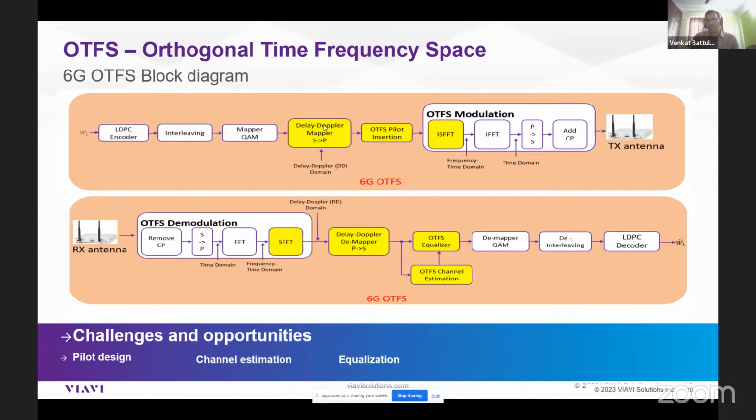Then you can see that whatever your traditional OFDM frequency-time domain is, here it is actually the delay-Doppler domain. You can see why OTFS is a promising candidate, because the signal is in the delay-Doppler domain.